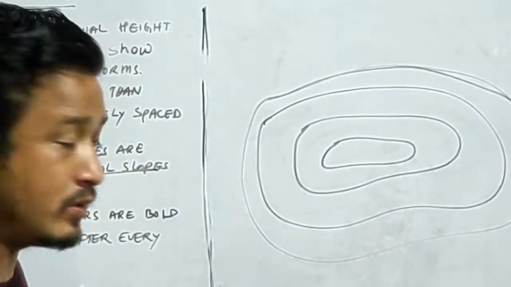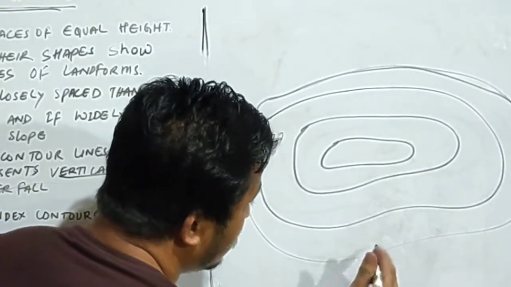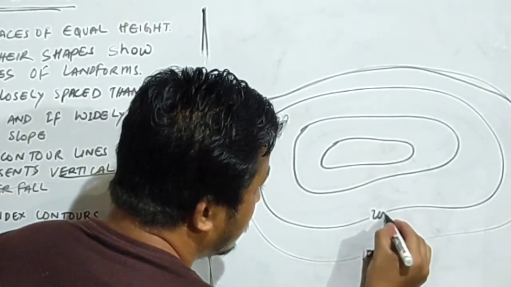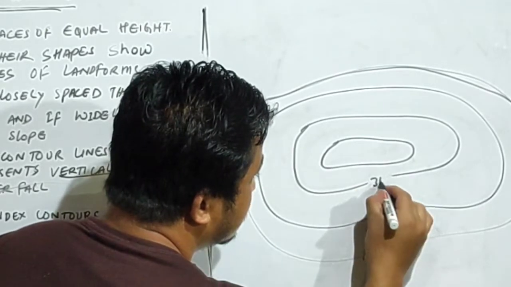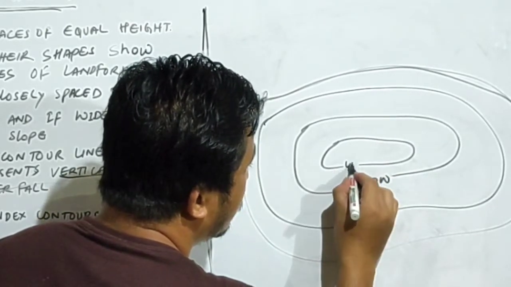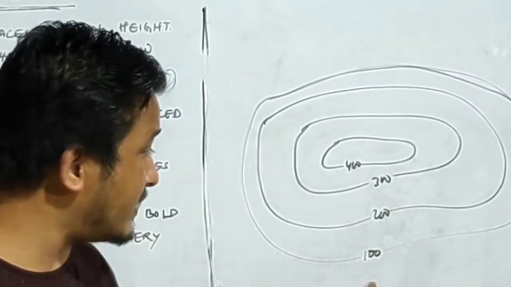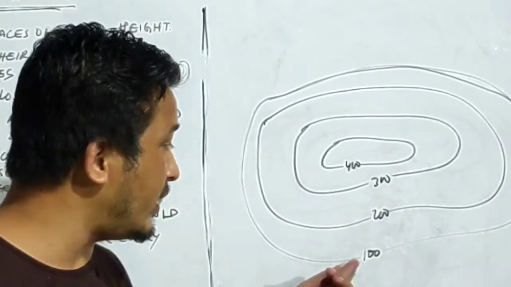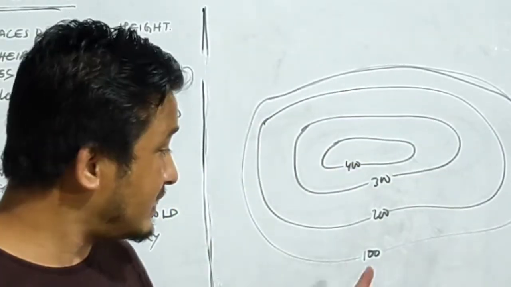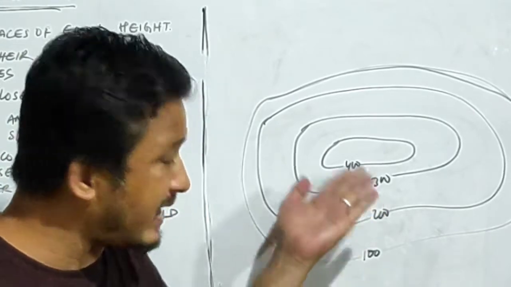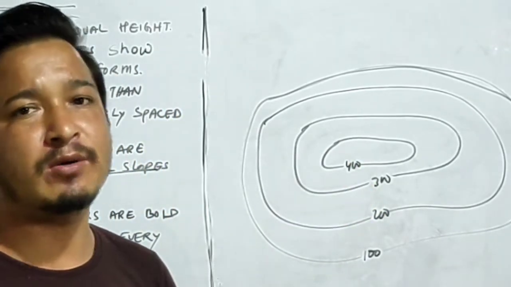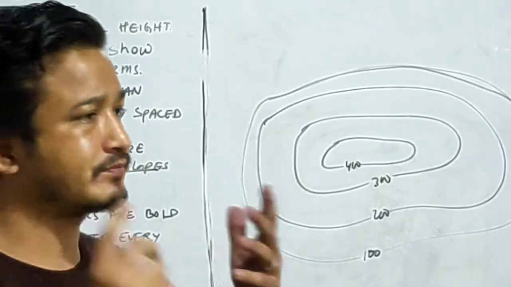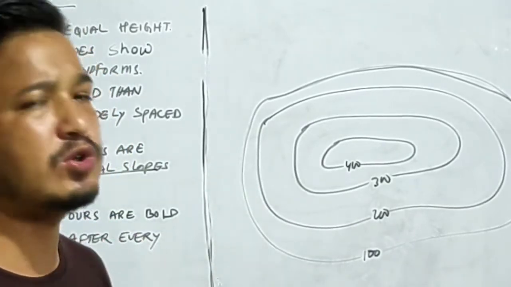On the contour lines, you can see on your map some numbers are written. Suppose here it is 100, here 200, here it is 300, and here it is 400. So these numbers are the height of the places joined by these contour lines, and this height is in meters, not in any other unit, not kilometer, centimeter, decameter, decimeter, or inch.